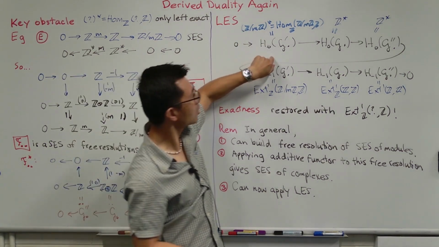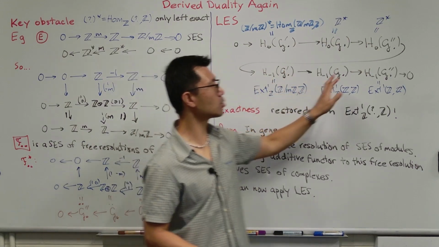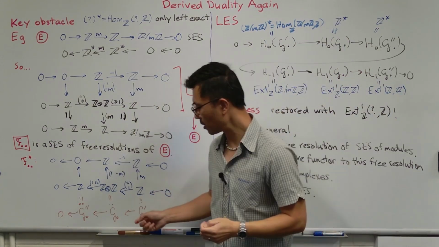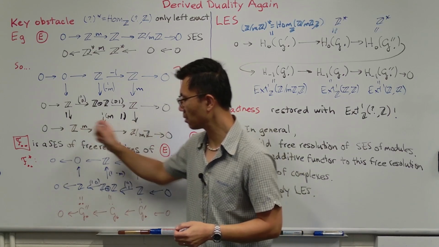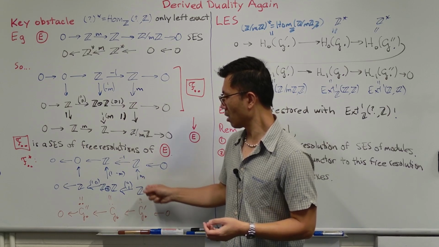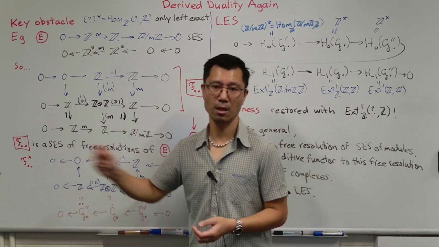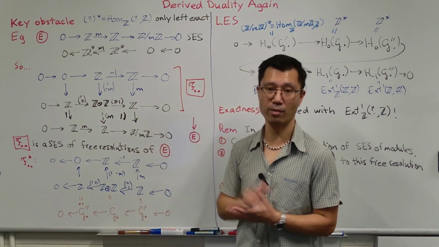Okay, so let's actually have a look and see what these H0s and these H minus 1s are. Basically what you've done is you replaced each of these modules with their free resolutions, and then you've dualized, and we're looking at the homology of the dual of the free resolution.